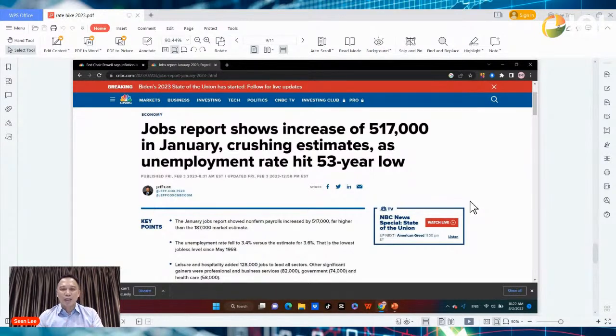Even after raising the rate for such an aggressive move, they actually put in more jobs than expected. They actually put in 517,000 jobs in January. Okay, so in short, unemployment rate had hit a 53 years low. Can you imagine that? So it means that everybody can find a job even during the corporate earning dropping time.